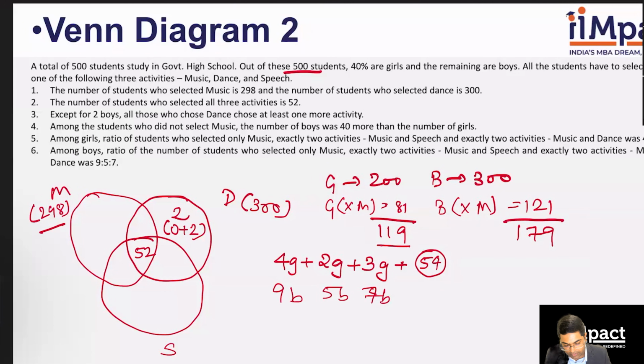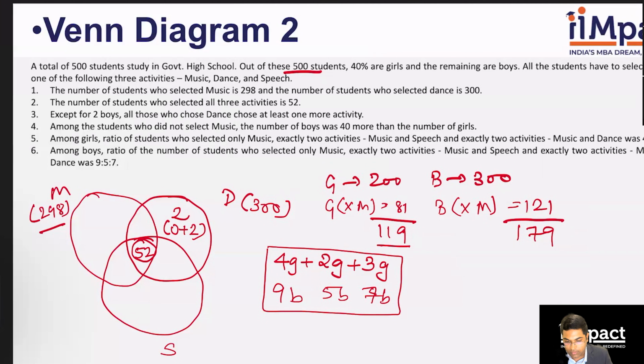Now, for a moment, let's just forget this part. Guys, if I add all of this and 52, what will I get? 298, correct? We were looking at this music equal to 298.